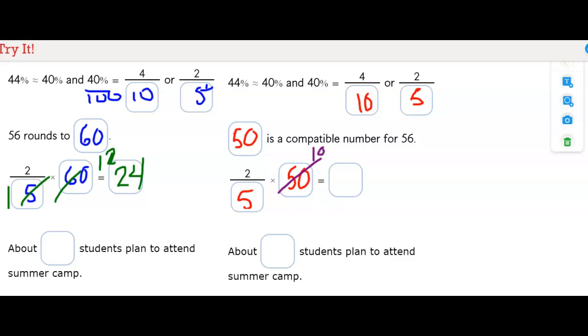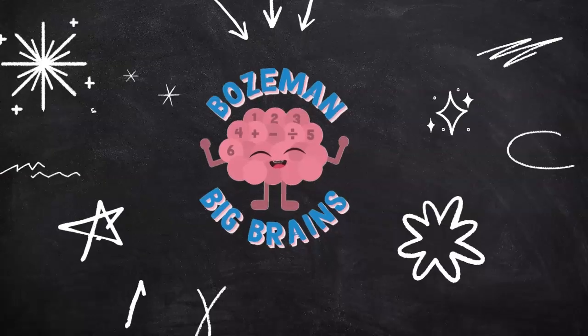This would be a 1. 2 times 10 is 20, and then over 1, which would just be 1, so it would be 20. So there would be about 20 students that plan to attend summer camp. So both are good estimates of the students that plan to attend the camp.